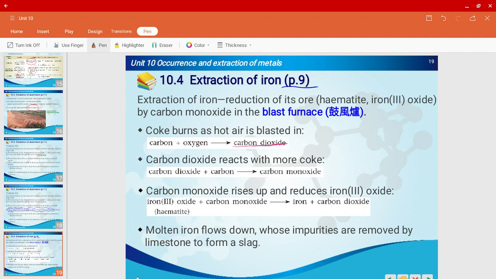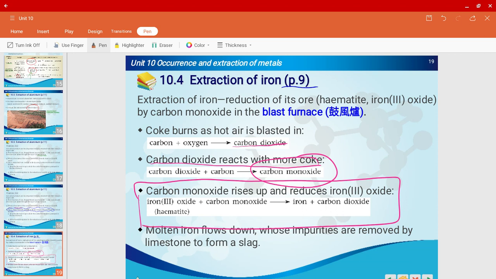And that carbon dioxide would further react with the coke, and then this would form the carbon monoxide. And afterwards, you would get this familiar word equation that I've told you in the previous videos. The haematite would react with the carbon monoxide to get the metal that you wanted and carbon dioxide.